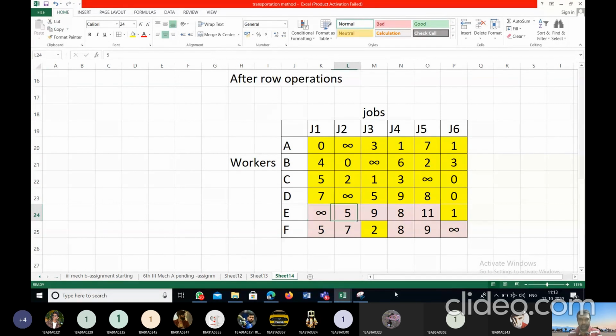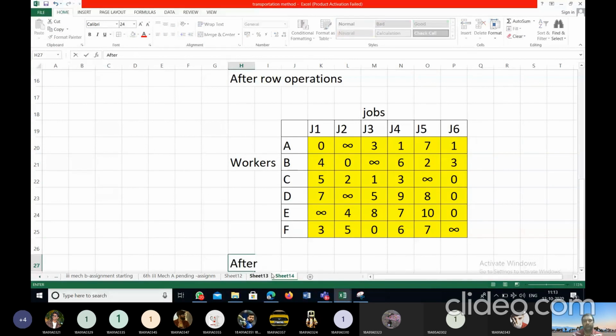So starting with your infinity, 5 minus 1, 9 minus 1, 8 minus 1, 11 minus 1, 1 minus 1. So E is updated. Now the last row, 2 is the least. So 5 minus 2, 7 minus 2, 2 minus 2, 8 minus 2, 9 minus 2, infinity minus 2. So this is the resulting matrix after your row operations.